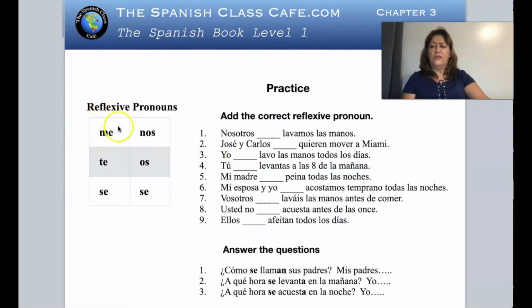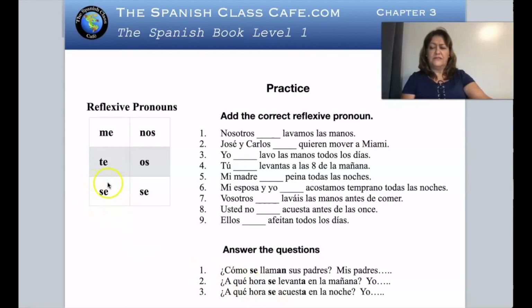If you say, what time do you, here it is se. And then you have to change the conjugation and the reflexive pronoun for the answer, because you have to go to yo me levanto. ¿A qué hora se acuesta en la noche? The same thing when we are asking at what time do you go to bed in the evening, that you are right here.